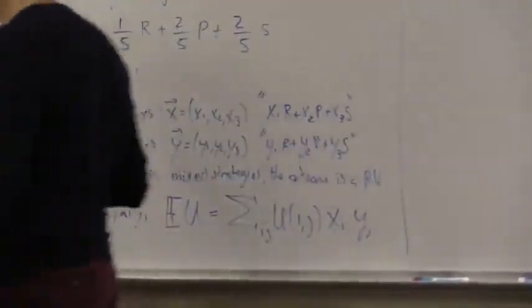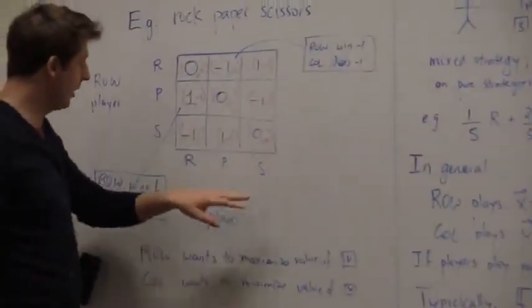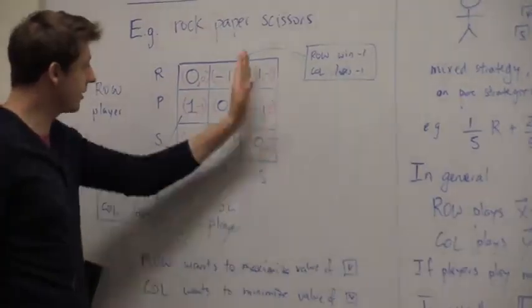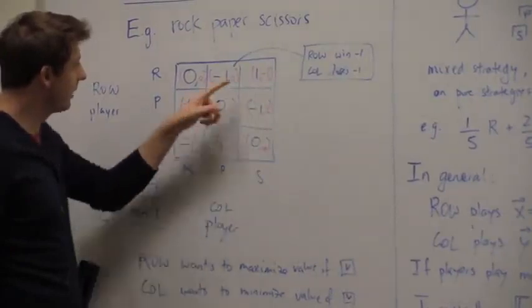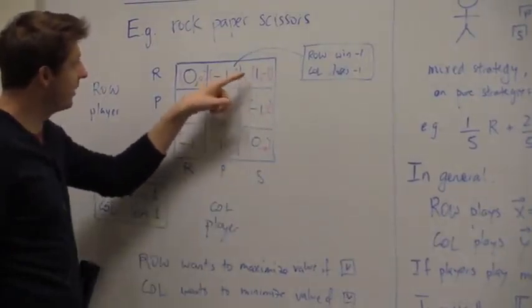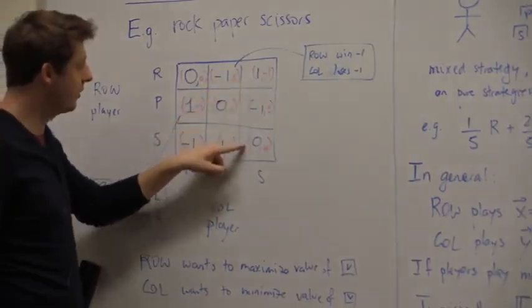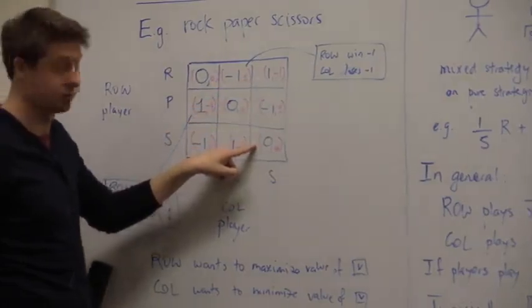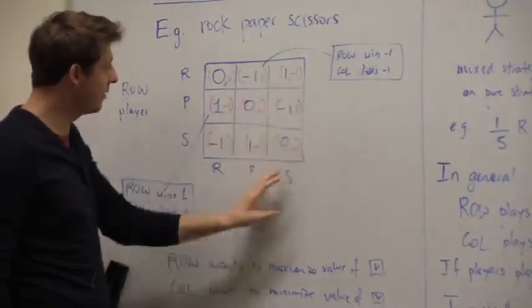But really, if you go back here, because we know that the column player will only play scissors, the expected outcome is going to be a third of the time 1, a third of the time -1, and a third of the time 0. So we basically play, the expected outcome is the average of these values.